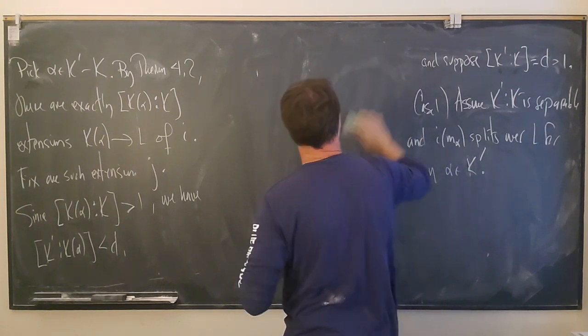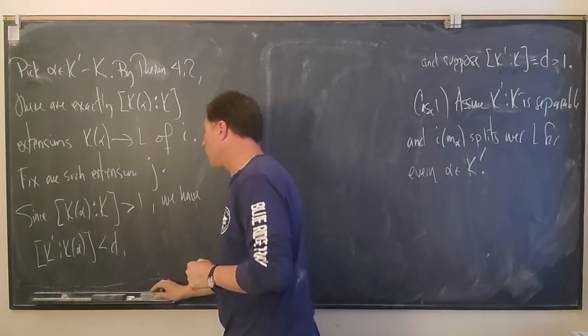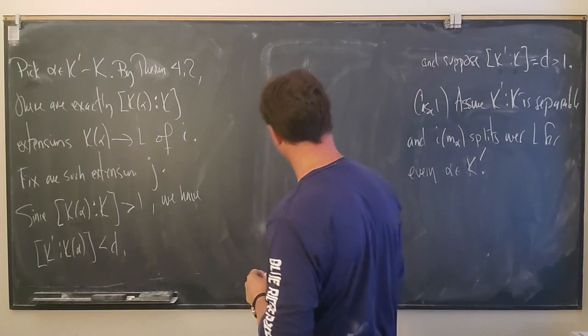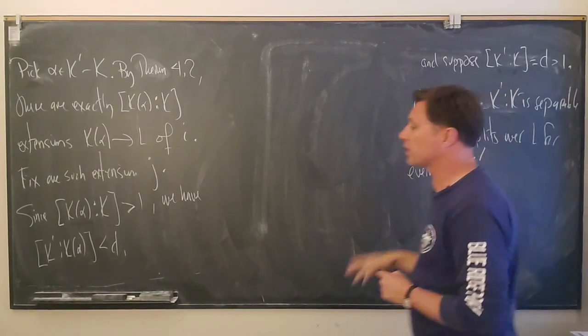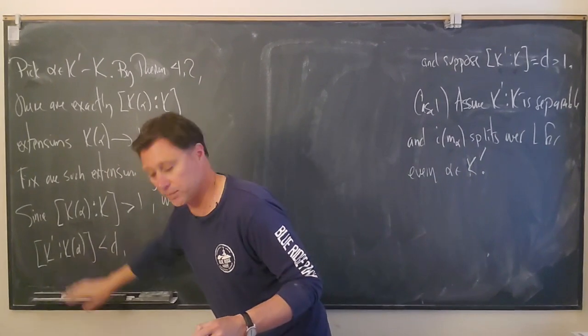I need to show that I of the minimal polynomial splits over L. But it's the minimal polynomial with respect to k adjoin alpha, right?